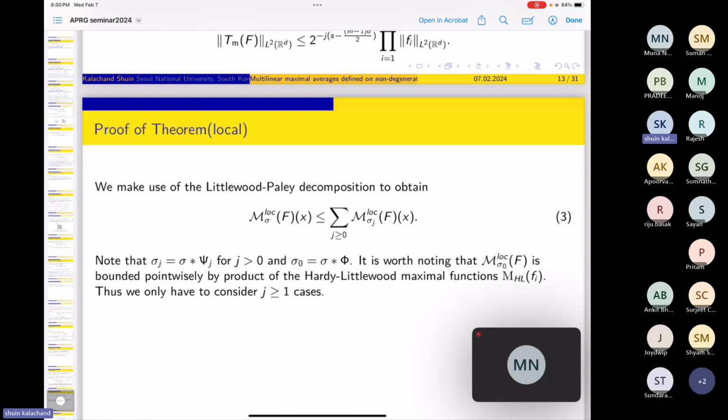And it is worth noting that M_loc sigma 0 is bounded pointwise by the product of R^d Hardy-Littlewood maximal functions. Therefore, we don't need to worry about this M_loc sigma 0. We only need to prove the estimate for M_loc sigma j when j is greater than or equal to 1.